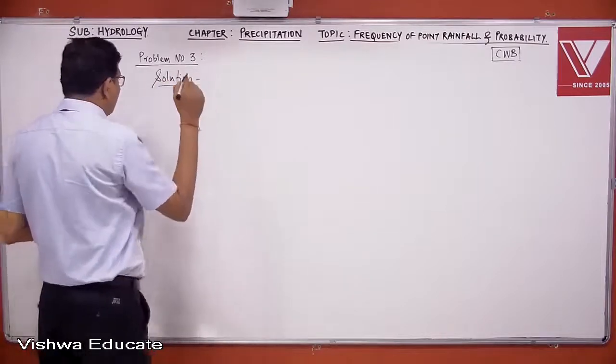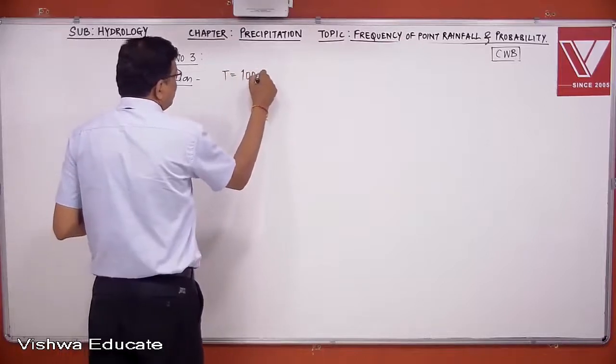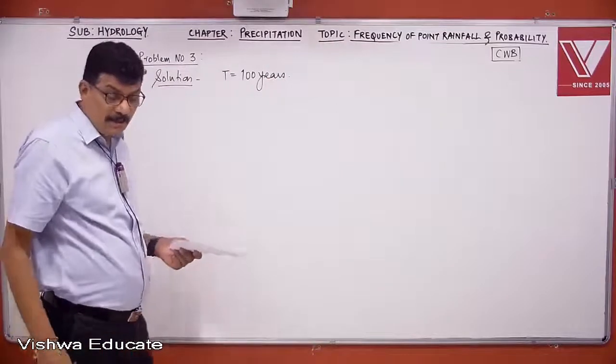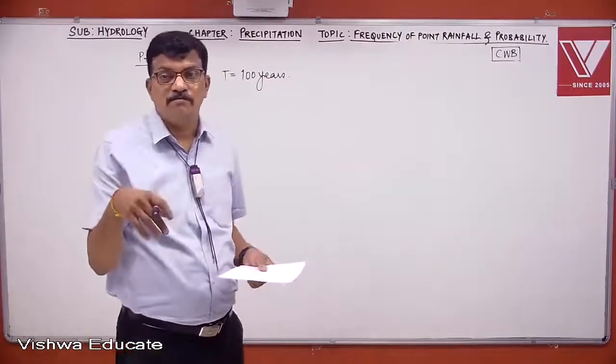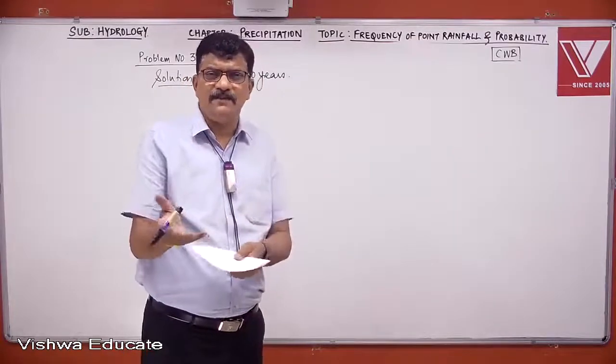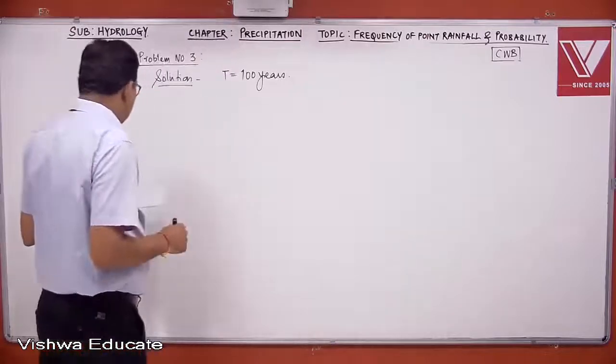The return period for this event that is specified is 100 years. 100 years means it is very rare phenomena. Once in 100 years is probably the life of any structure, more or less, right? So that is the return period.